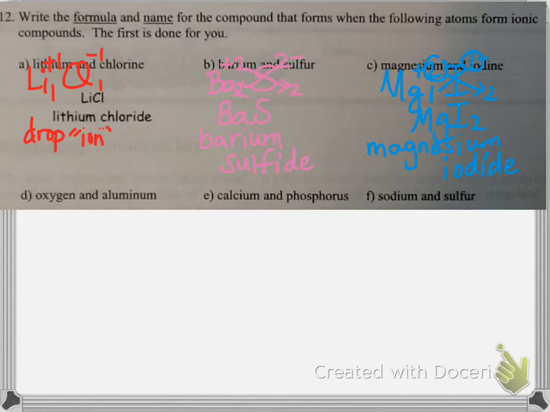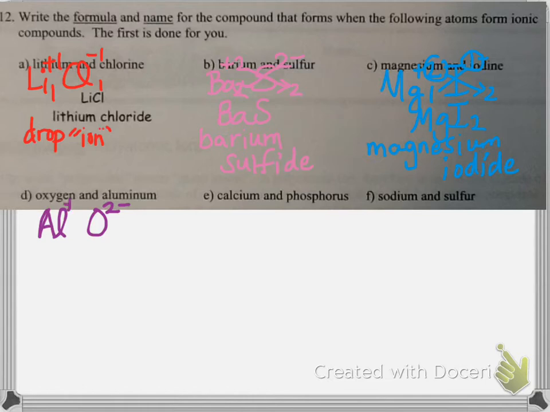Oxygen and aluminum. Oxygen is in group 6A, so it could either lose 6 or gain 2. It's going to gain 2, so it has a -2 charge, which means I need to write it second in my formula. Aluminum is in group 3A, so it has 3 valence electrons, or gain 5.